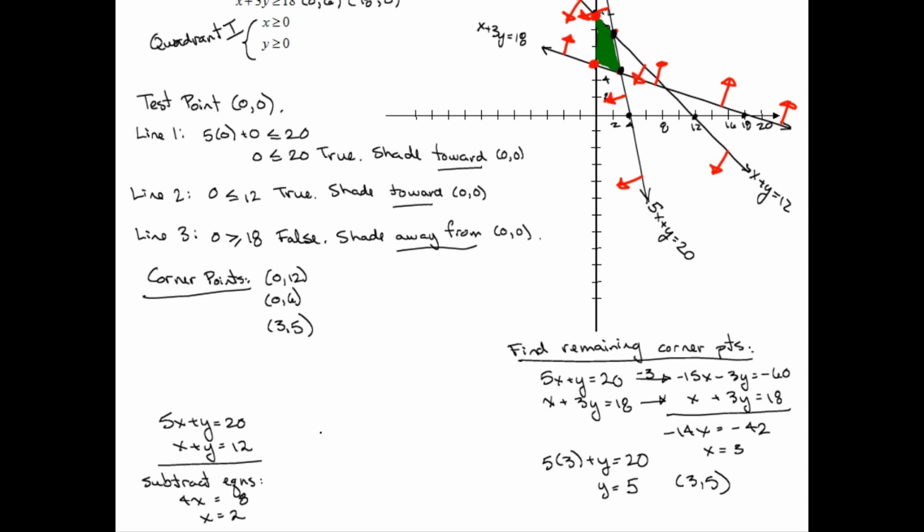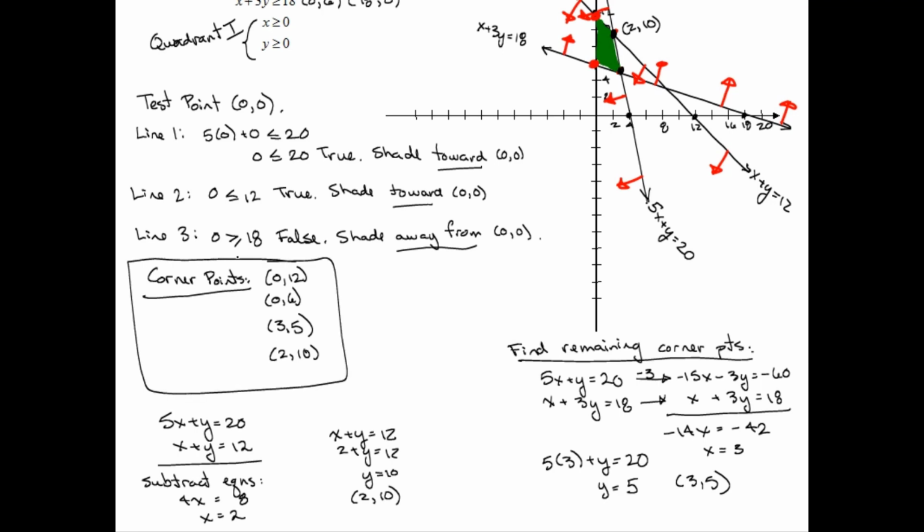Put that into one of your equations. If you do x plus y equals 12, put that in. And so my y is 10. And so once again, you look on your graph to see if that seems reasonable. I think that looks reasonable. So we're going to write that down in our list of corner points. So our feasible region is shaded clearly, and now we have our corner points.